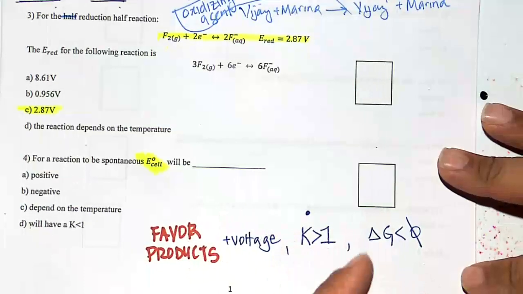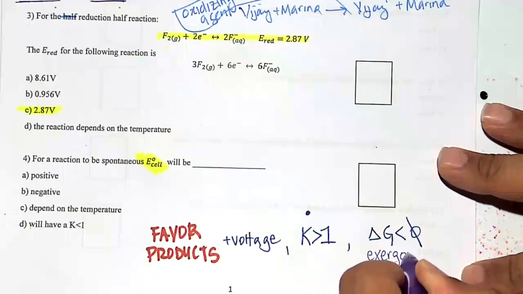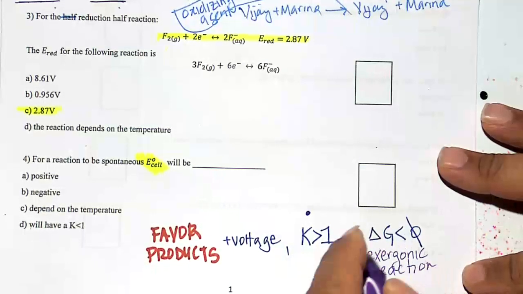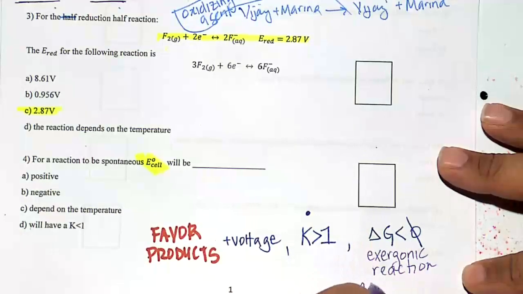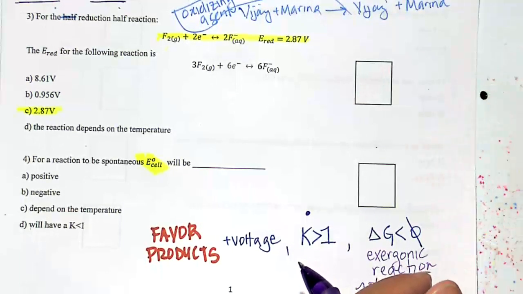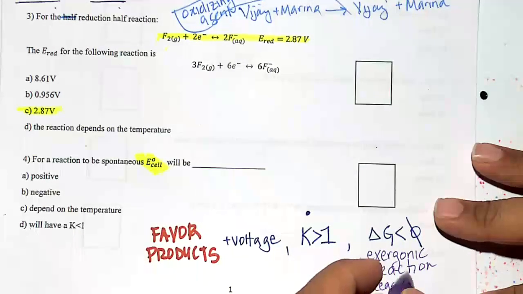A negative delta G, negative Gibbs free energy, is called an exergonic reaction. In other words, it releases free energy. If you ever take a biochemistry class or a biological chemistry class, if delta G is negative, that released energy can move a muscle or do something, move the cell or whatever.